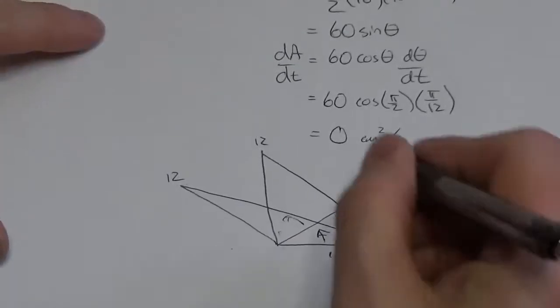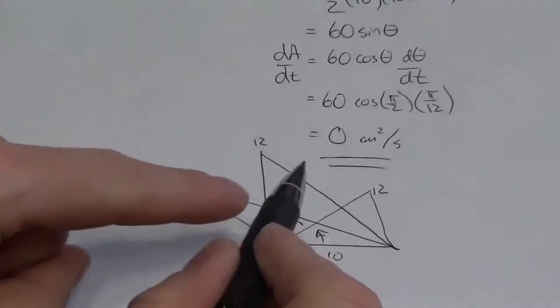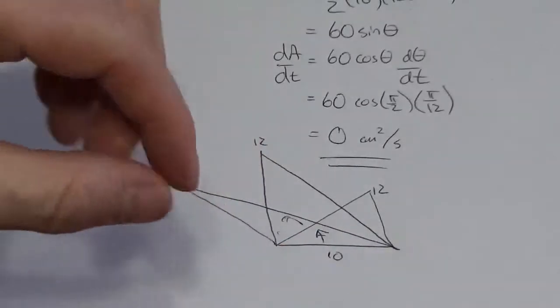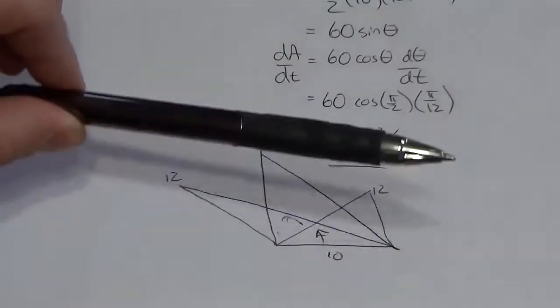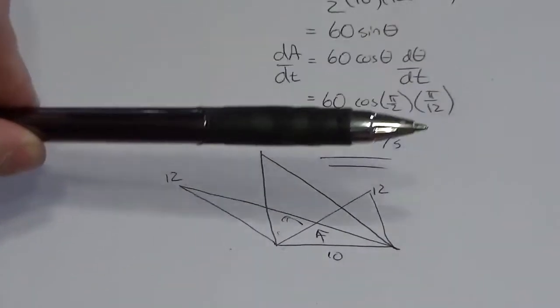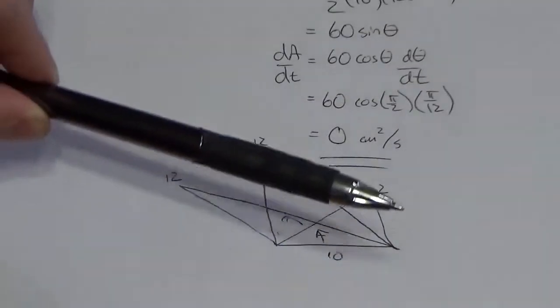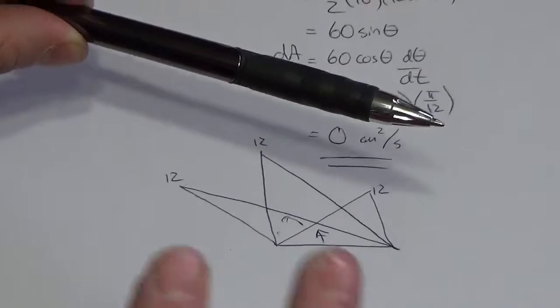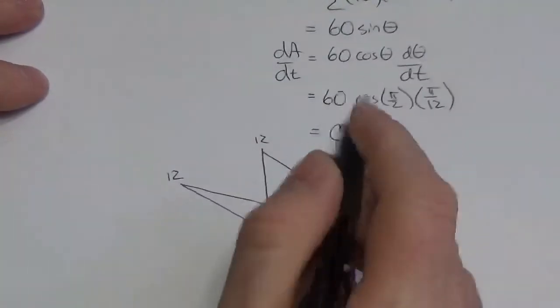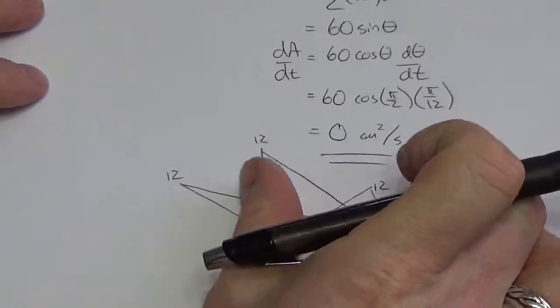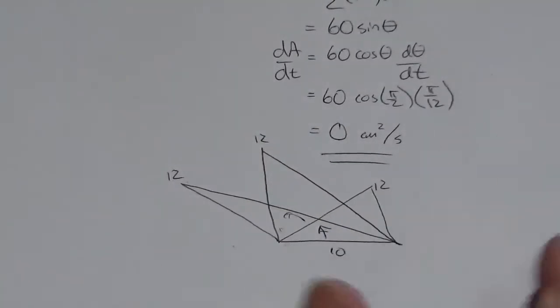So actually, that makes perfect sense, because that's the moment that the area changes from increasing to decreasing. It's like when you throw an object in the air, it hits its peak and drops back down again. It goes up, up, up, up, stops just for a moment, and then drops back down. Well, we're asking for that exact moment where it transitions from increasing to decreasing. So yes, that actually makes perfect sense.